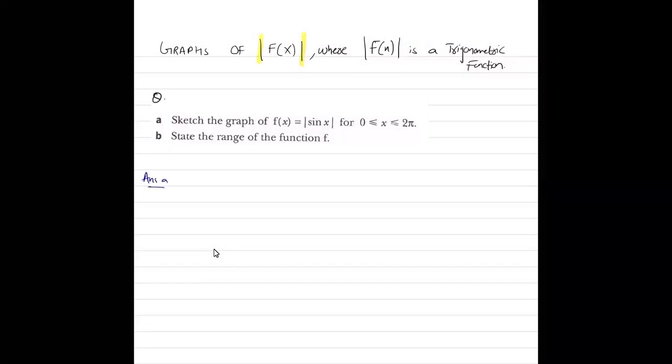So if we are asked to sketch the graph of f of x equals mod of sine of x, first of all, we are going to see how a sine x cycle would look like. The general shape of sine x is going to be something like this.